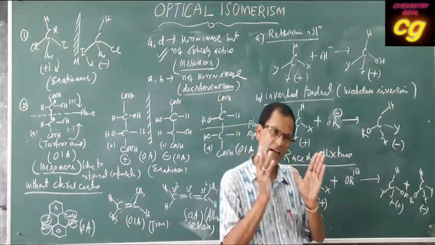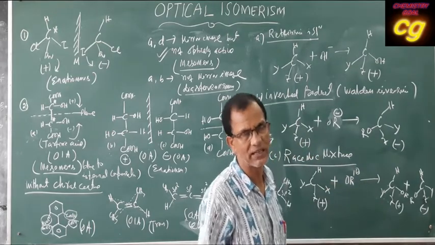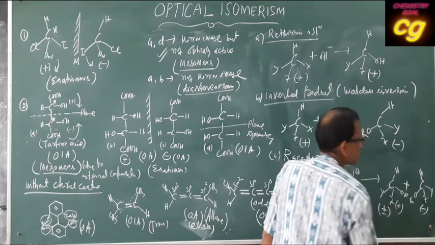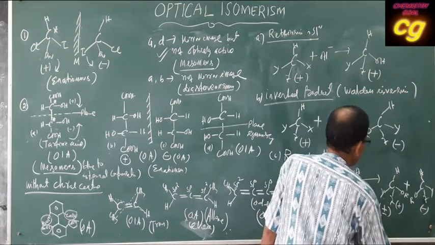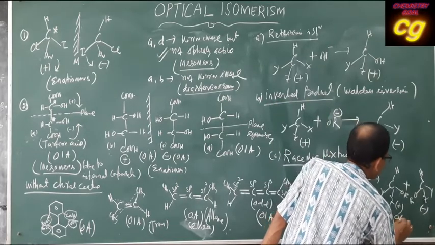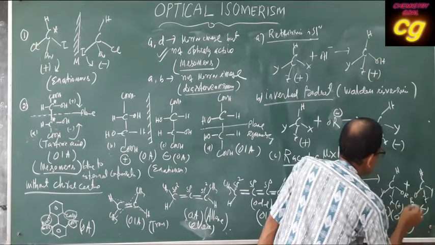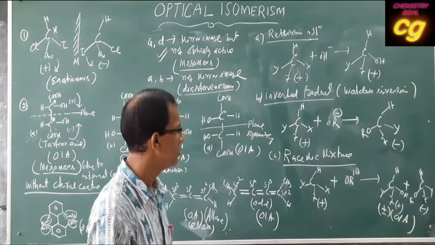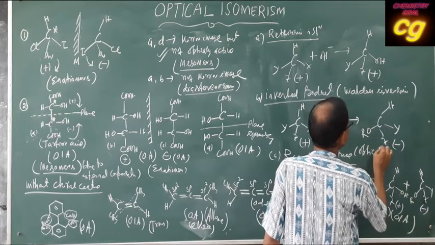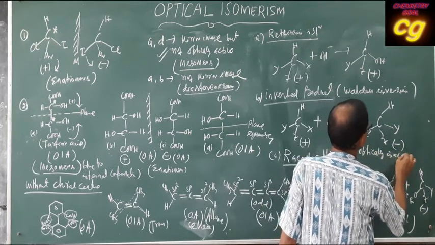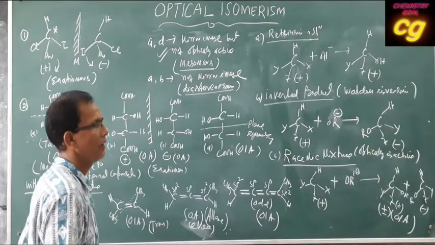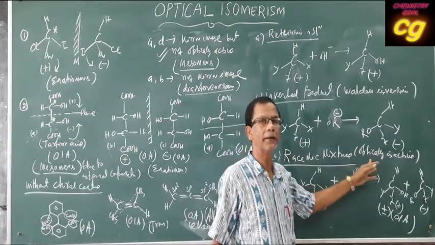If plus and minus forms of the same molecule are present in a mixture, it is called the plus-minus form. It is called a racemic mixture. It is optically inactive. So a racemic mixture is always optically inactive.